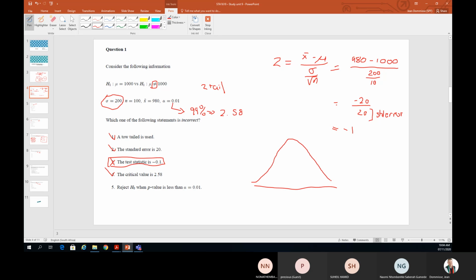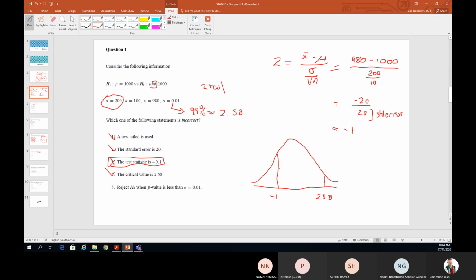So then, just to look at if we accept or not. My Z is -1. My critical value is 2.58. So reject H null when the p-value is less.